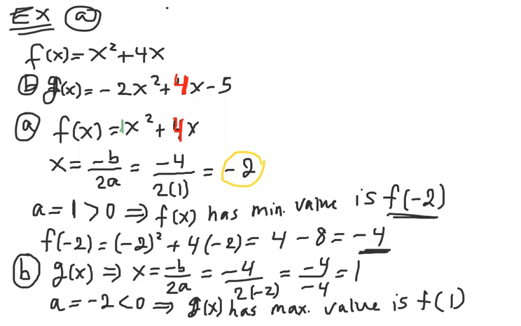Just plug the 1 into the function, and you get the answer minus 3. Again, you plug the 1 into the function g of x, so you get minus 3. Any question? Is it clear for all?